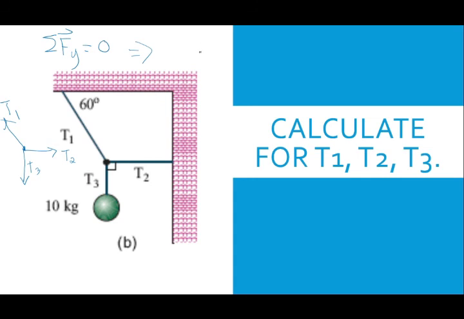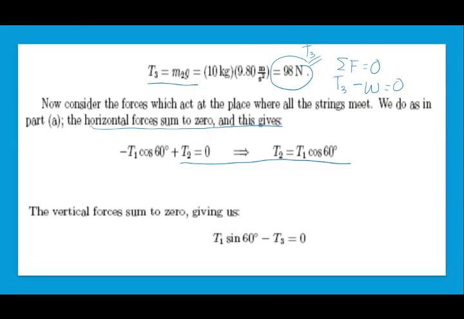So, since si T1, pataas siya, so positive yan. And since vertical ang component natin, we will use sine theta. Sine 60 degrees. Minus T3, pababa siya, and is equal to 0. So, that's the reason why ito yung value na yan.